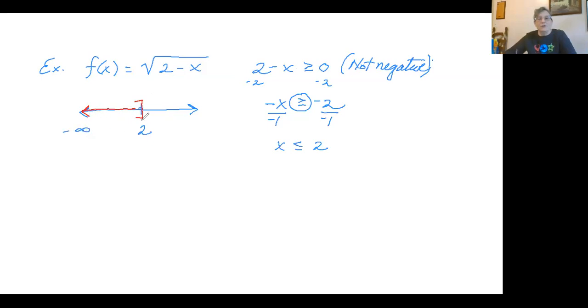So since this is the part of the graph from negative infinity to 2, inclusive of the 2, the interval notation would be parentheses negative infinity to 2 with a bracket. Remember, we always use parentheses with plus or minus infinity.